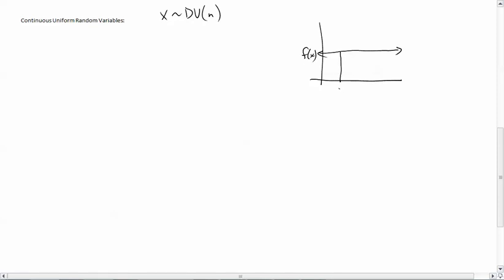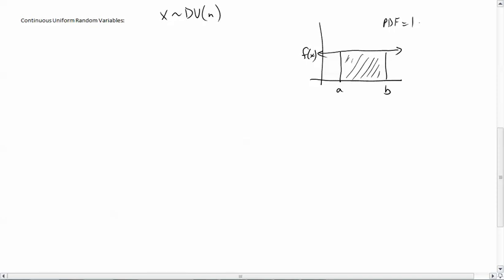Now we want to go from a to b, because it's not a specific number of units, it's a full range that we need to look at. Again, we want our probability distribution function, all of this right here, to add up to 1.